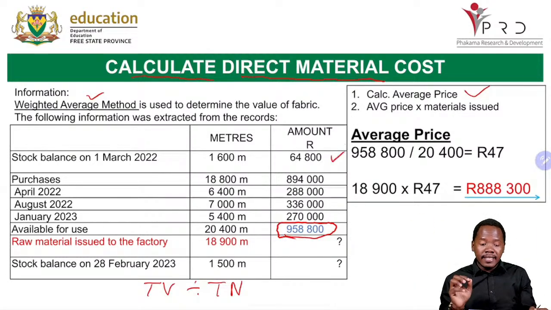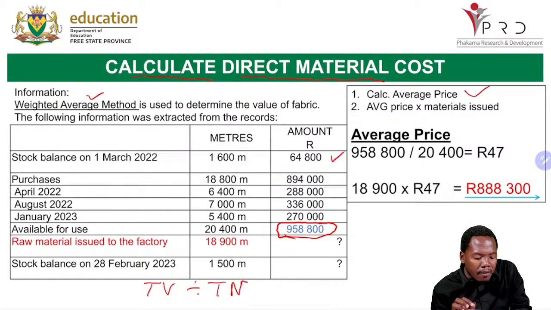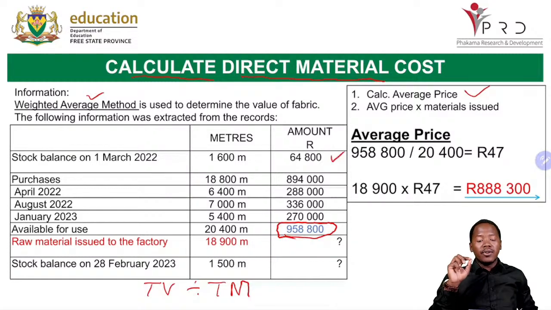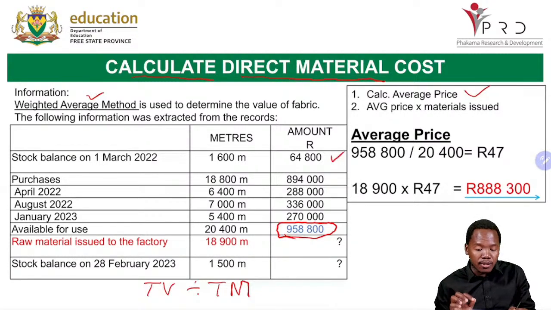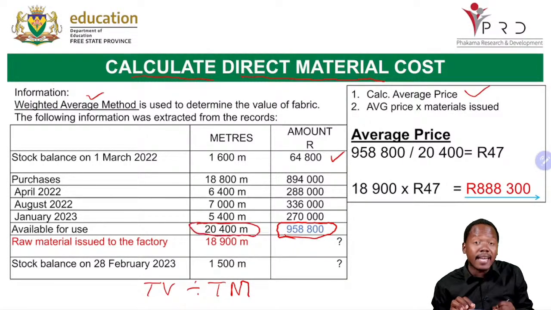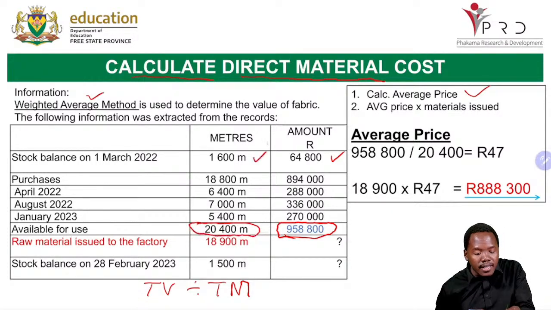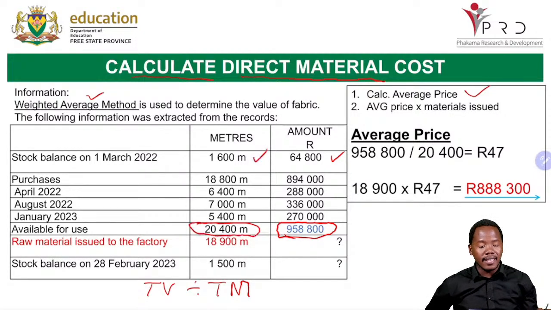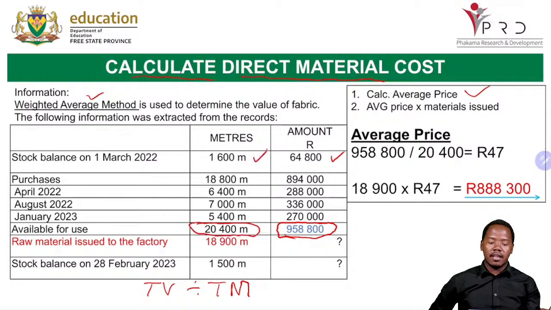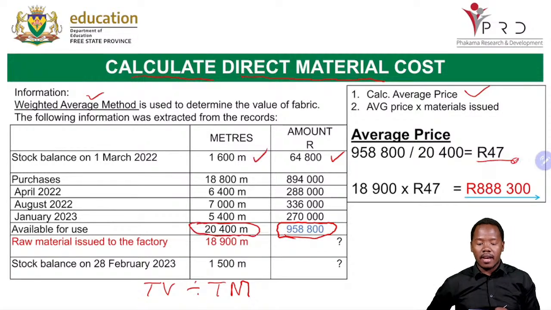Okay, and then I divide that by my total meters, meaning my formula changes now to total value divided by total meters. What is my total meters? There I have my total meters. How did I get my total meters? I set stock balance of meters of 1,600, and then I added all purchases of 18,800, and then I got 20,400. And then from there, I get my average price to be 47 rands.